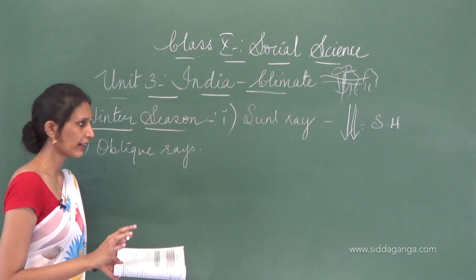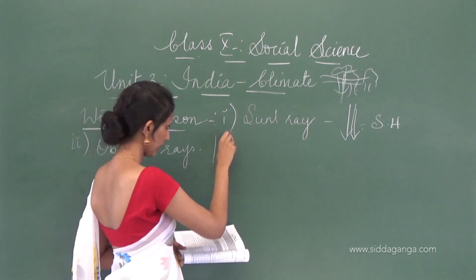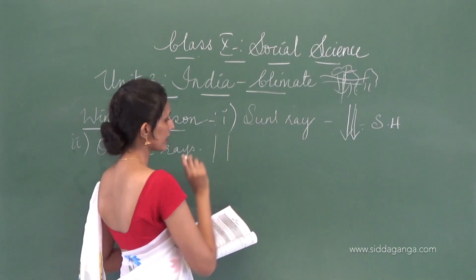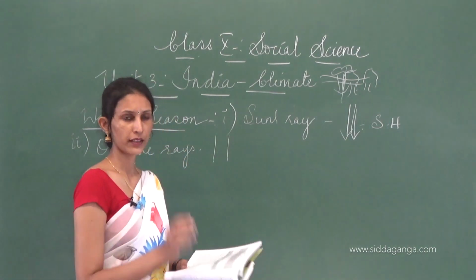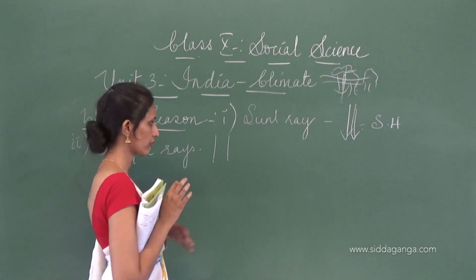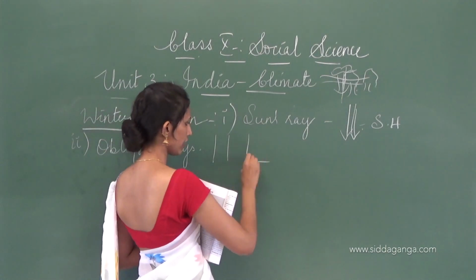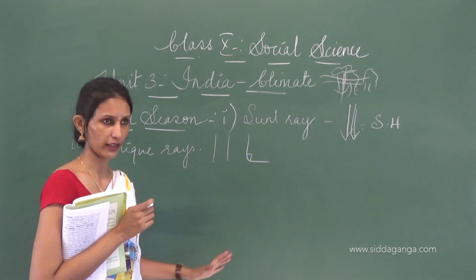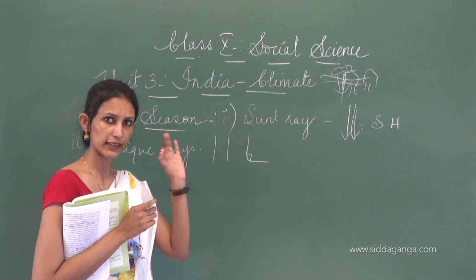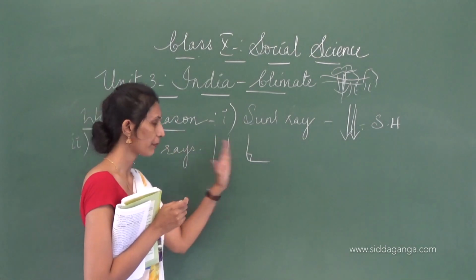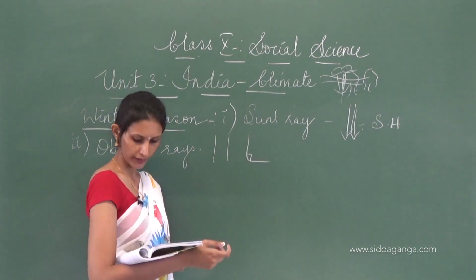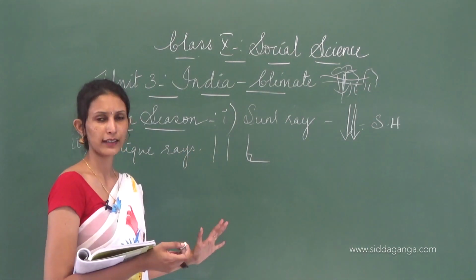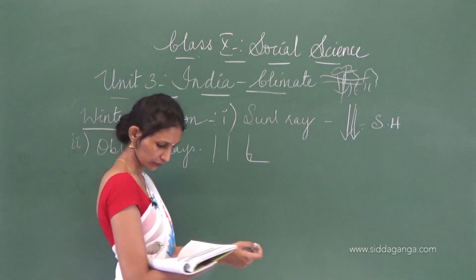Oblique meaning the rays are not parallel, or they are not at the right angle. Right angle meaning correct angle. They are not specifically at the correct angle, or not parallel to each other, but they fall on a specified area, oblique rays.